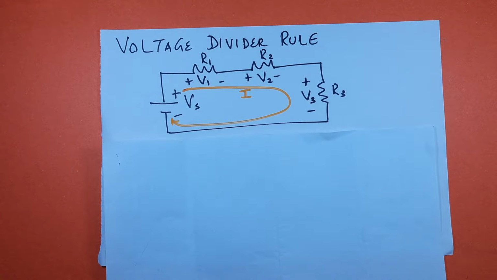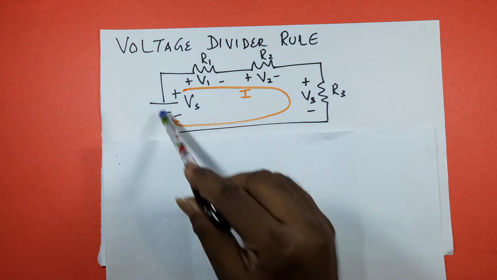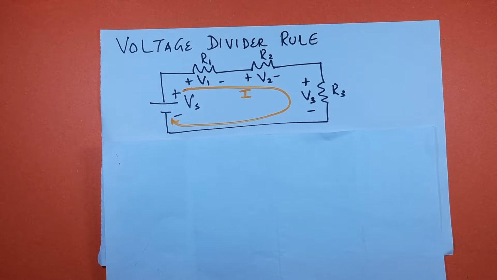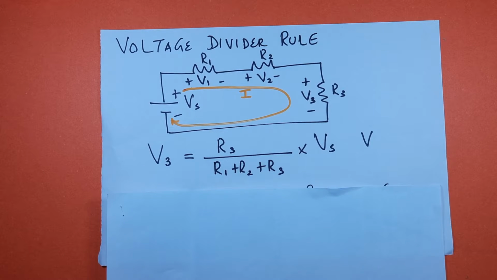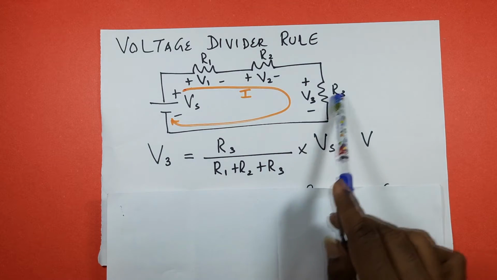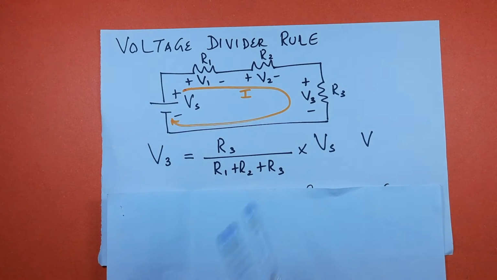In this case, R1 plus R2 plus R3, multiplied by the source voltage Vs. Vs is the source voltage or supply voltage.